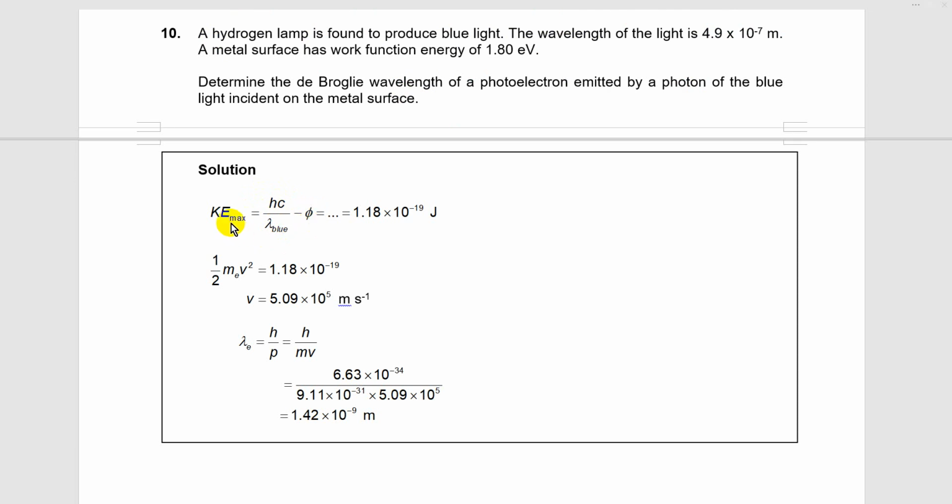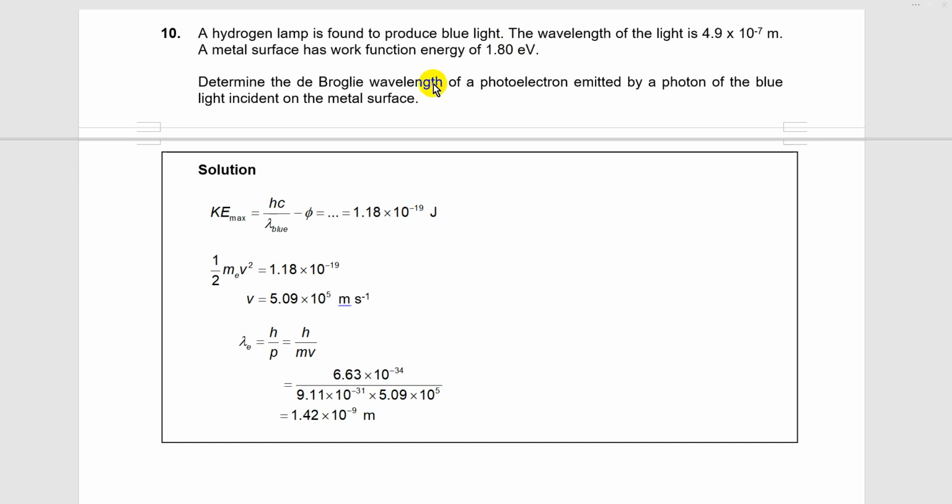So the first step is to find the kinetic energy of the electrons, and that is hc over lambda minus the work function. So we sub in the values. h is the Planck constant, c is the speed of light, lambda is this value, then minus the work function. The work function is this value, but remember to convert to joules. If you work it out, you get 1.18 times 10 to the power minus 19 joules.